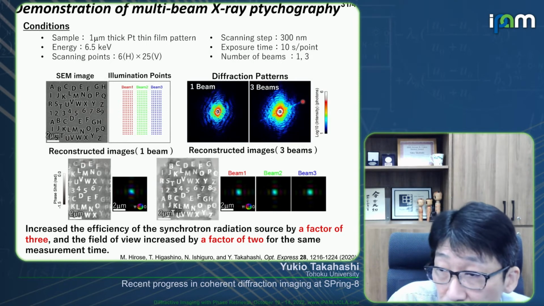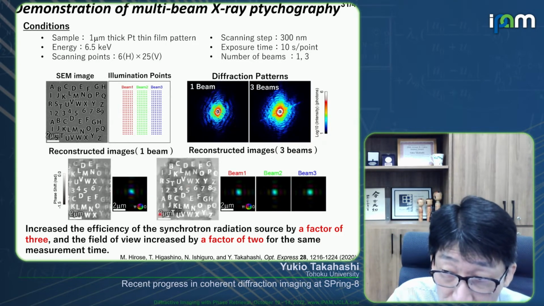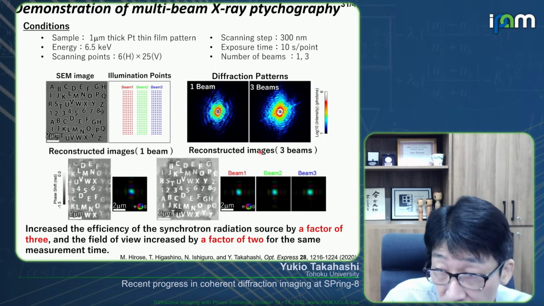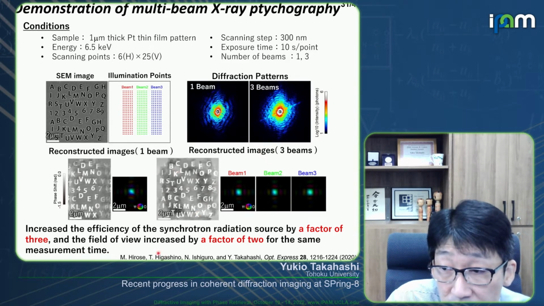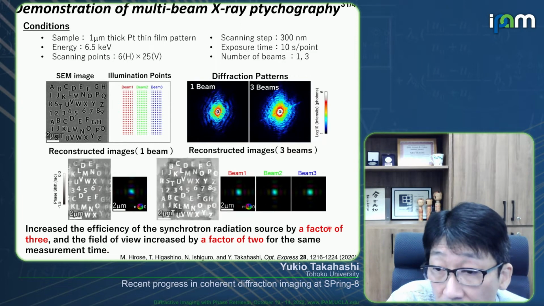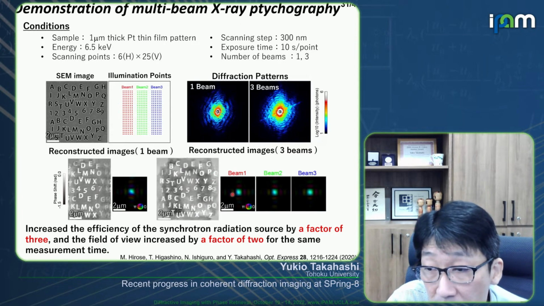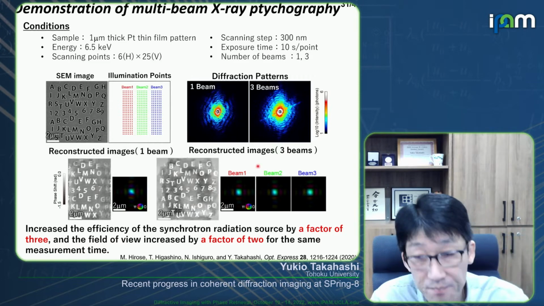Then the image is reconstructed from the diffraction pattern, the reconstructed image for 1 beam and 3 beams. So they are successfully reconstructed. We have increased the efficiency of the synchrotron radiation source by a factor of 3, and the field of view has increased by a factor of 2 for the same measurement time.